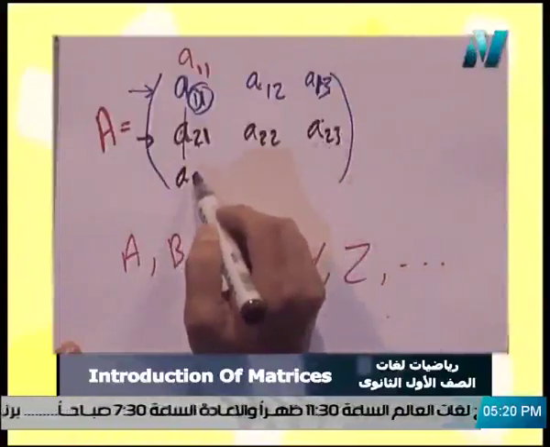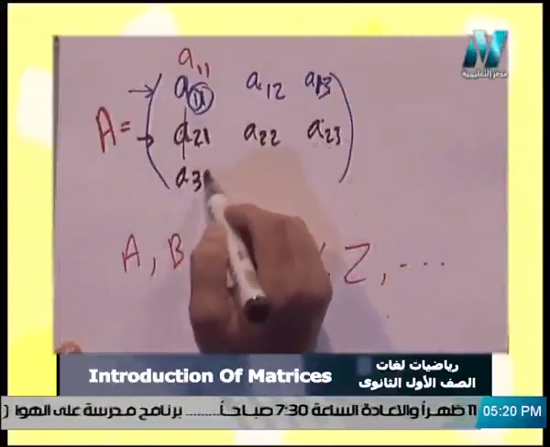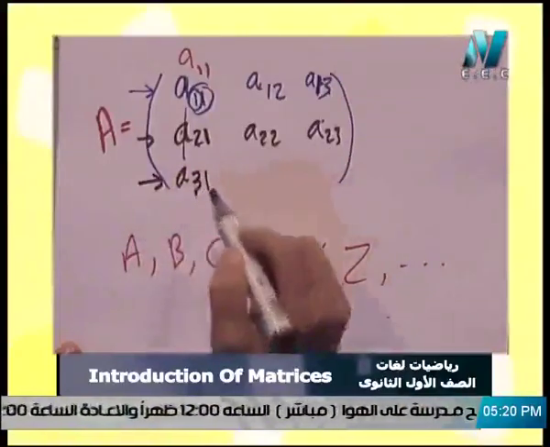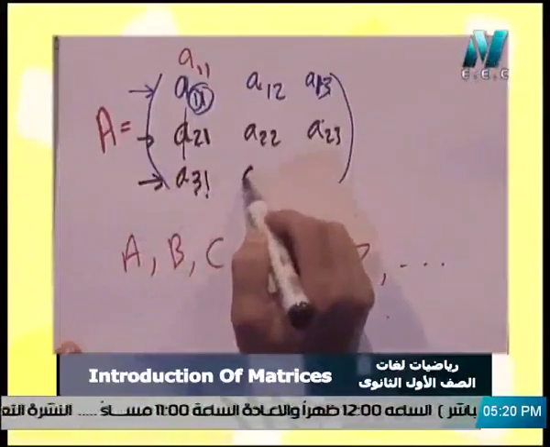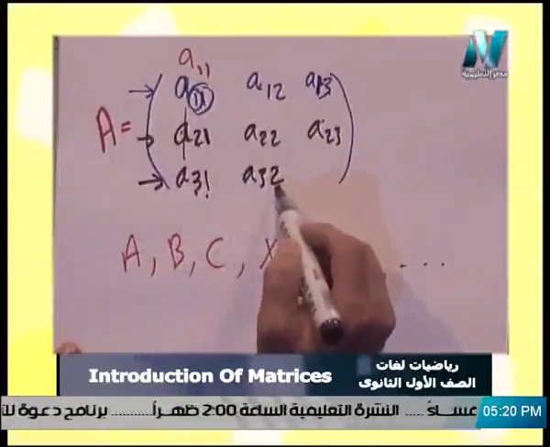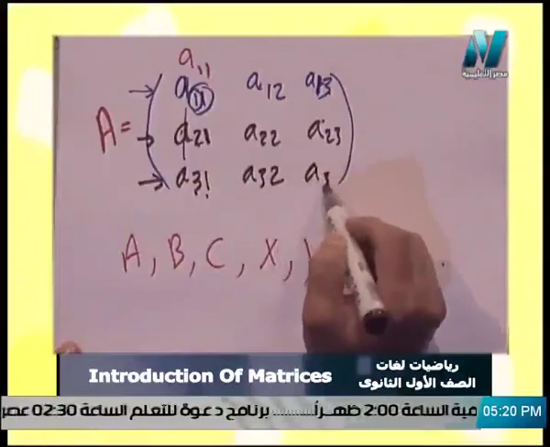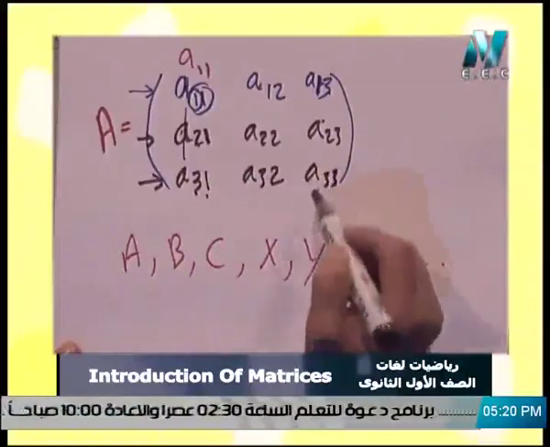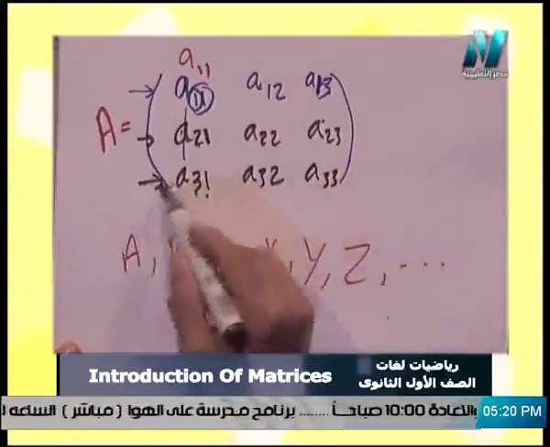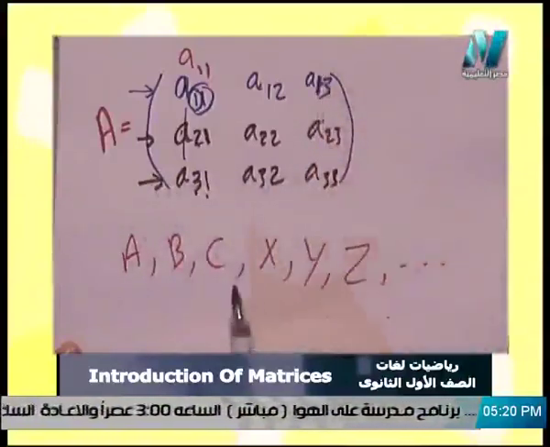Yes, we will write A31 because it is row number 3 and column number 1. A32 because we have row number 3 and column number 2. A33 because we are here in the third row and third column.